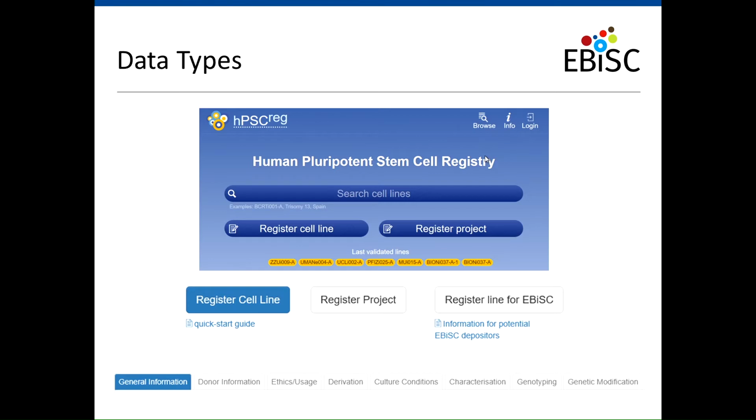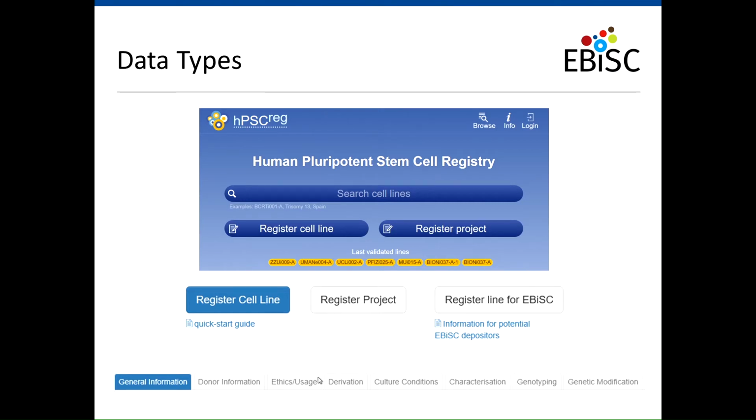If you want to now enter these data for pluripotent stem cell lines, you can go to this registry and decide whether you want to register a cell line and its data for the pluripotent stem cell registry, or for EBiSC or any other specified entity.